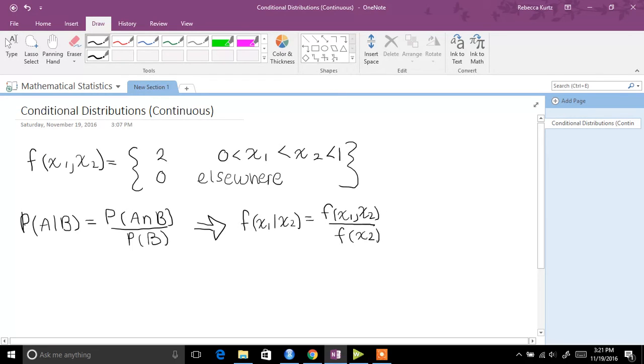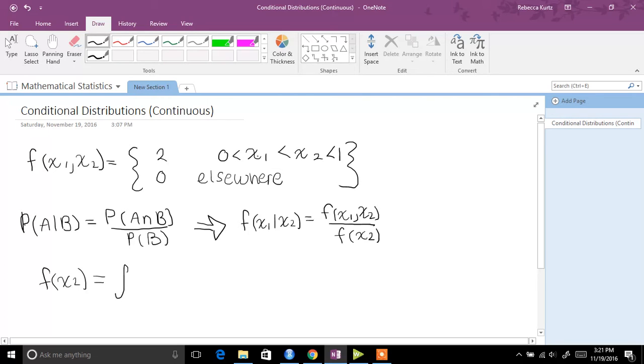This problem all of a sudden doesn't look so daunting. We already have the top part, we just need the bottom. And we can get this bottom part, the marginal distribution of x2, from the joint distribution. We can do this by integrating over x1.